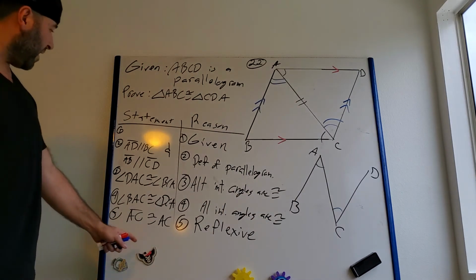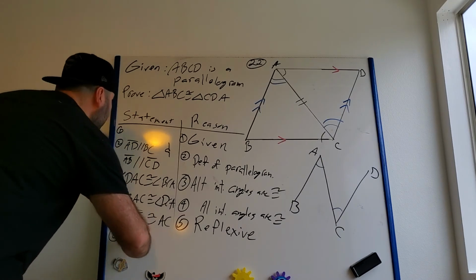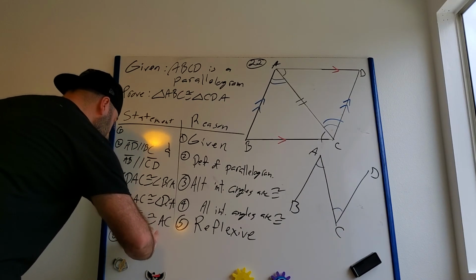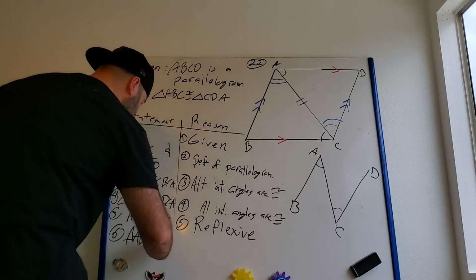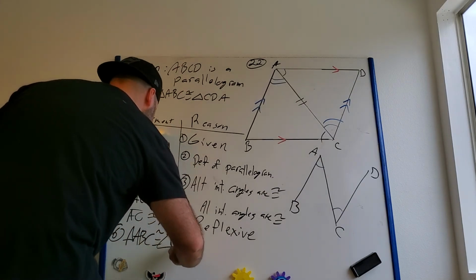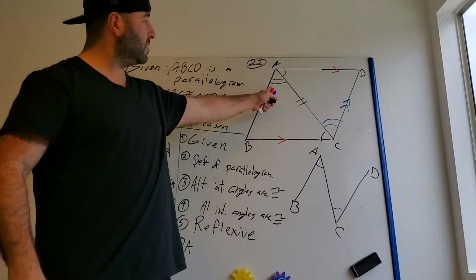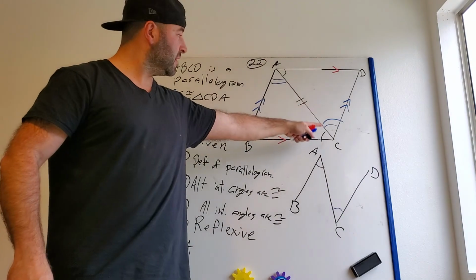And then now I can say that the two triangles are going to be congruent to each other. Triangle ABC is congruent to triangle CDA, and the reason is because I have angle, a side, and an angle.